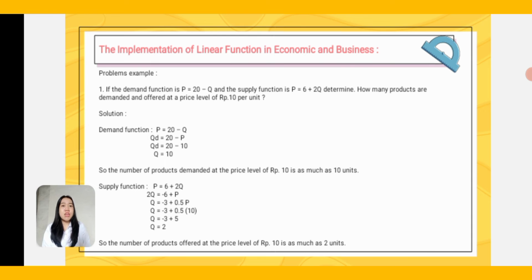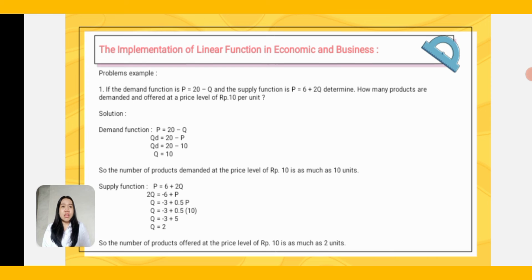The solution: first, the demand function is P equals 20 minus Q, so QD equals 20 minus P, QD equals 20 minus 10, Q equals 10. So the number of products demanded at the price level of 10 rupees is 10 units.